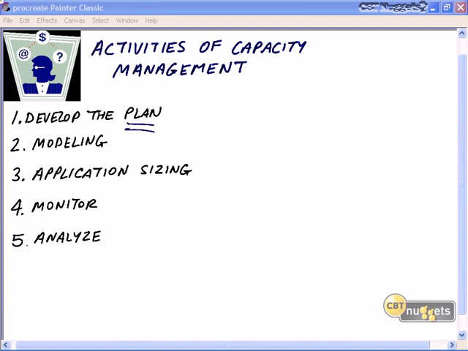Maybe you want to keep up with technical developments that are coming in the next 18 months. So the capacity plan should have all these things taken into consideration. It's also going to define any changes necessary to provide whatever existing service levels you have in the service level agreements, these being your SLRs, service level requirements.